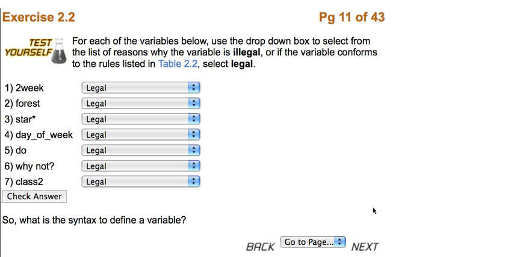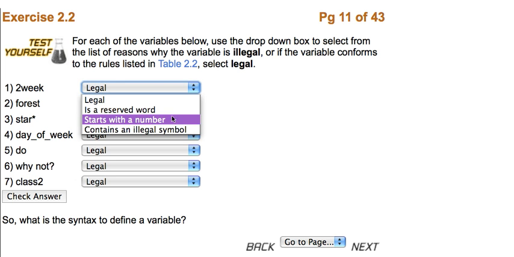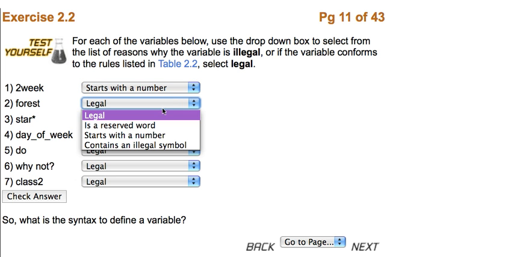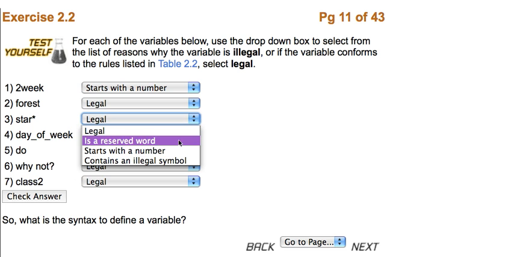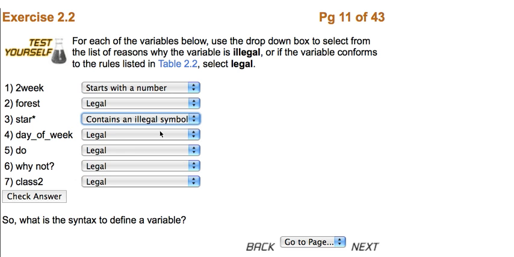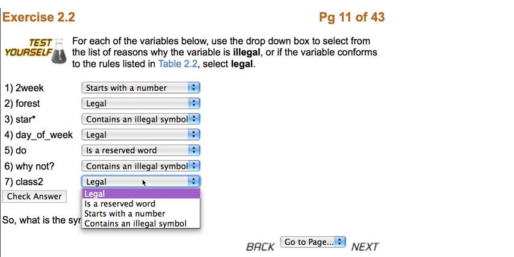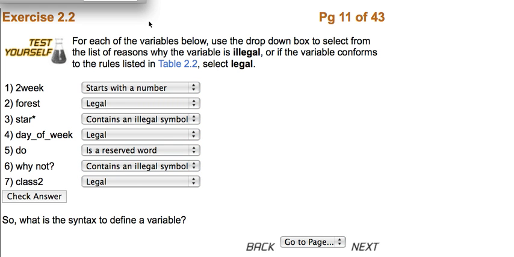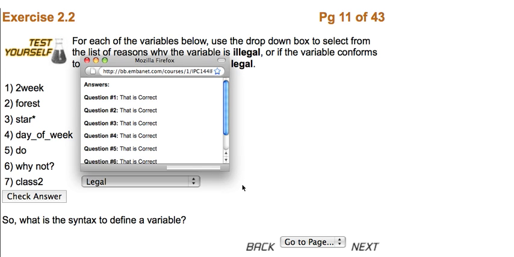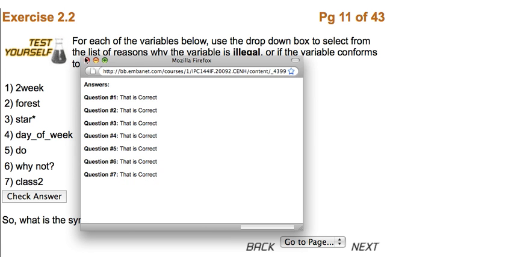I'm going to run through this quickly, and please look at the answers. This contains an illegal symbol, which is a space. We're going to check our answers, and they're all correct.